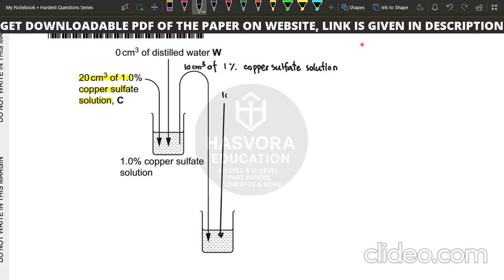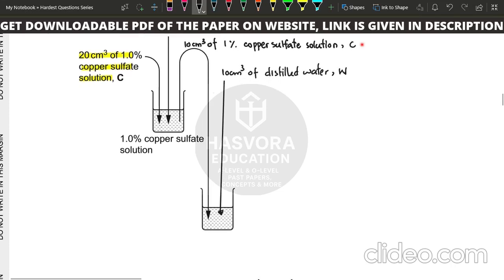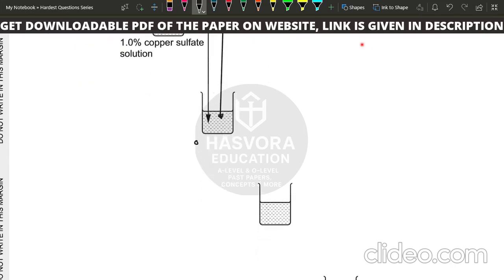I am adding 10 cm cube of distilled water W, and the copper sulfate solution was C. So what will I have? I will have 0.5% copper sulfate solution. This will be what I actually have at the end of this.